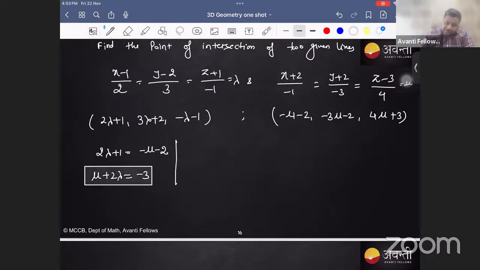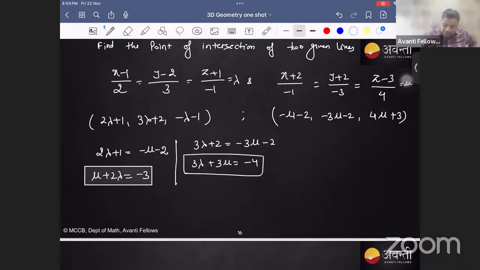Now equate their Y coordinates. So 3 lambda plus 2 is minus 3 mu minus 2, so 3 lambda plus 3 mu is minus 4. Got it? Now solve these two equations for lambda and mu.